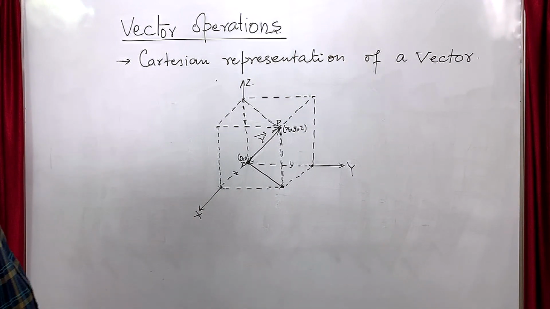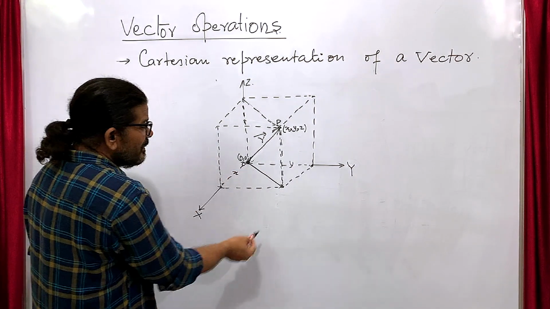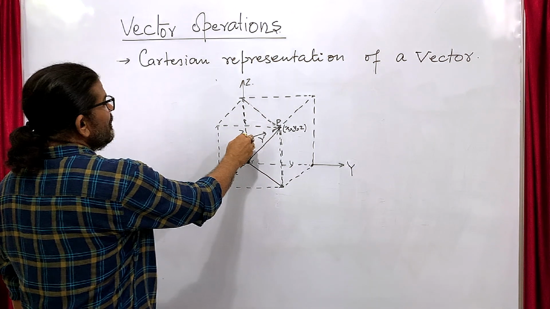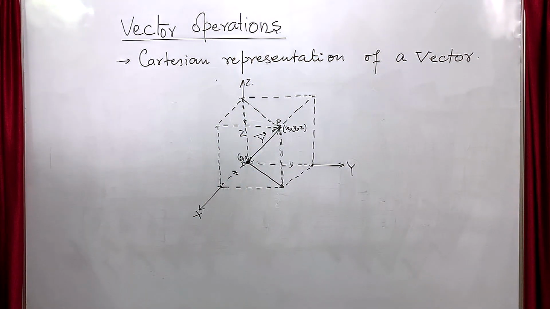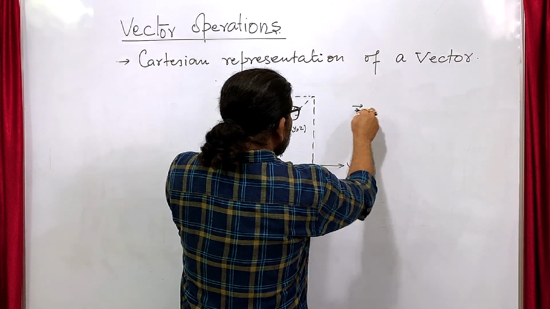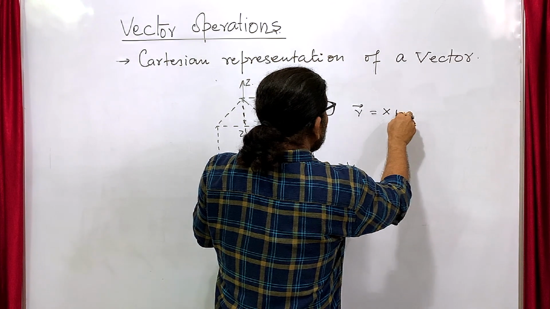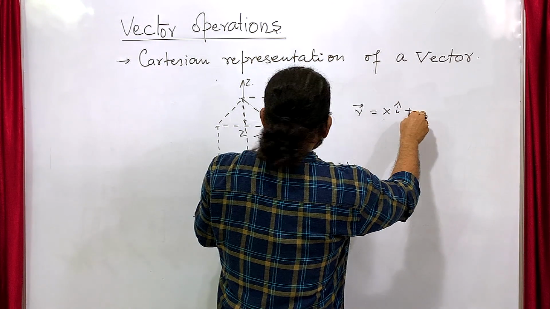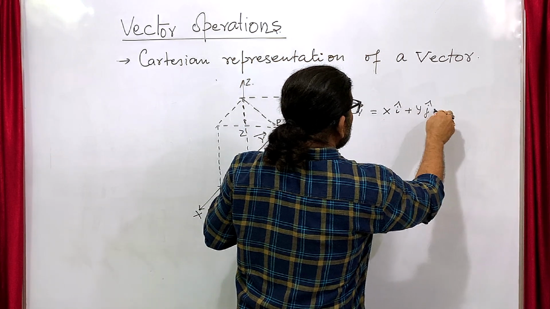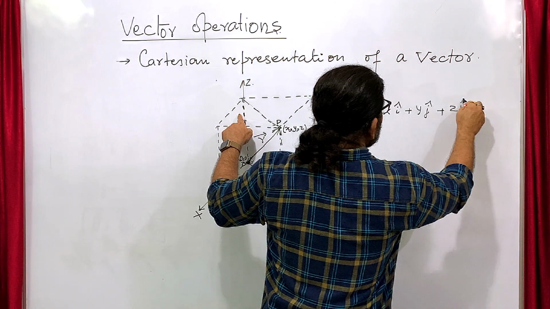So this is the x component, this is the y component, and this is its z component. So this vector r can be represented as x i cap plus y j cap plus z k cap.